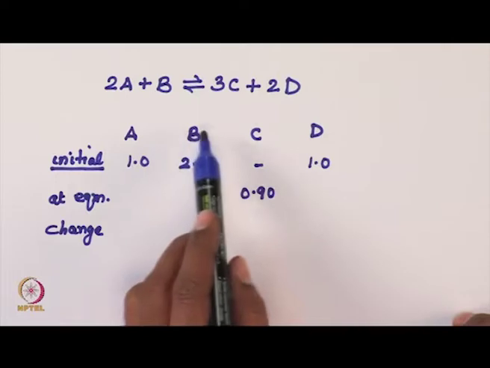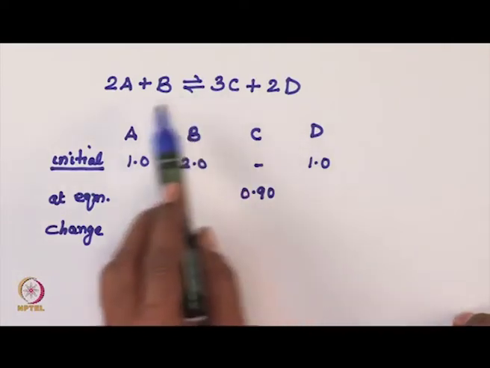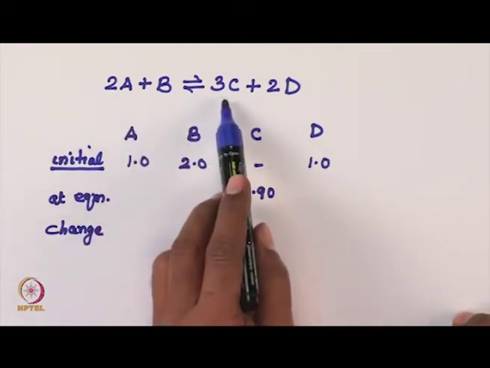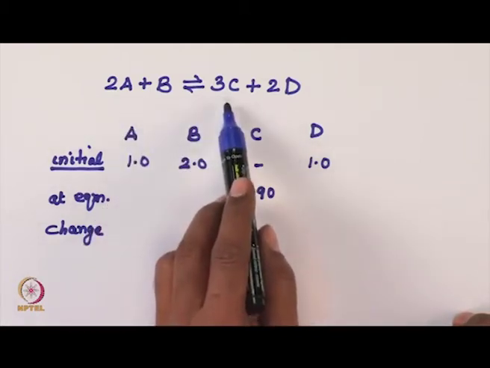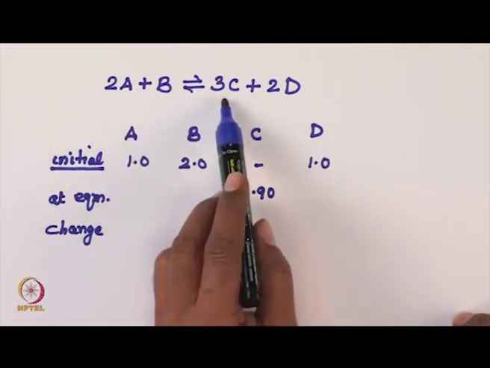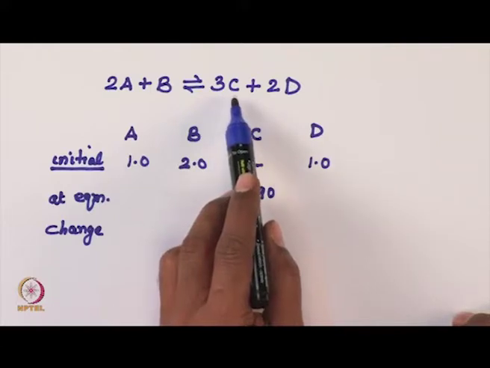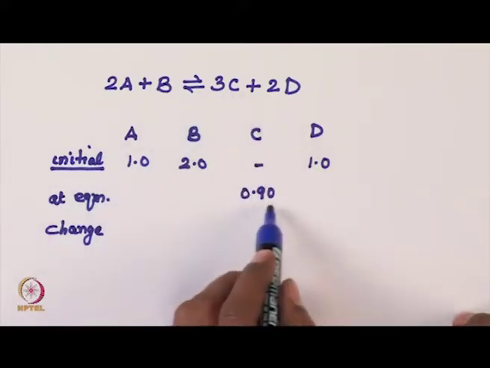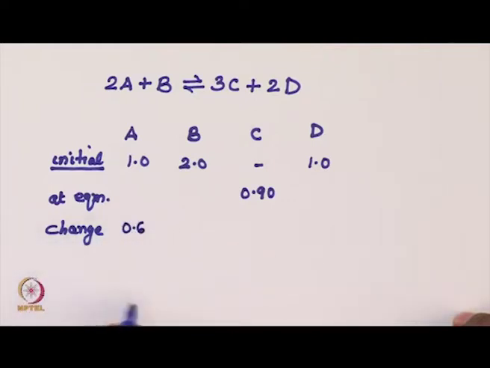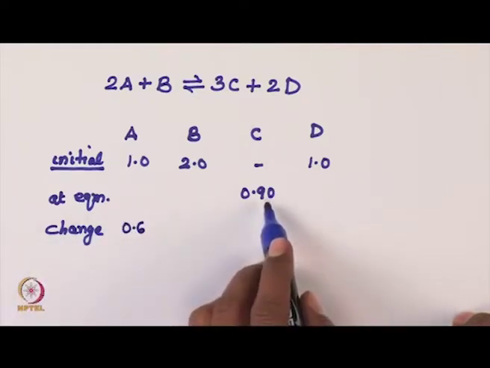Therefore, the amount of change in A will be equal to 2/3 of the amount of change in C. Since the amount changed in C is 0.9, 2/3 of 0.9 is 0.6.